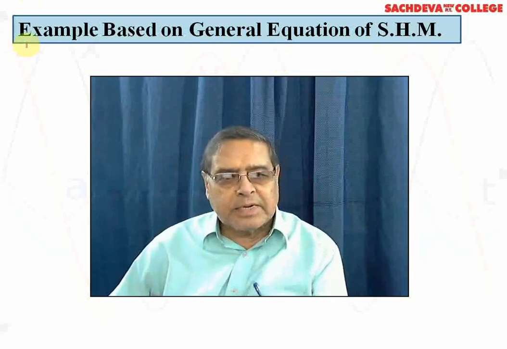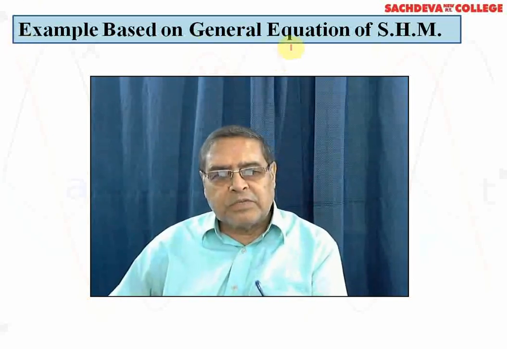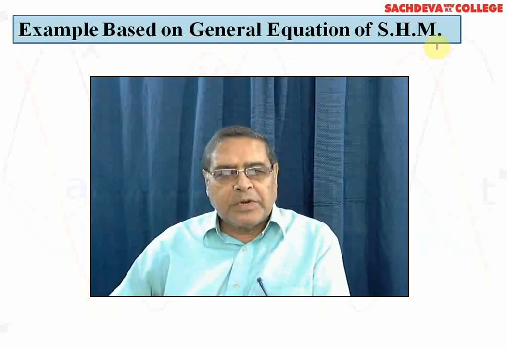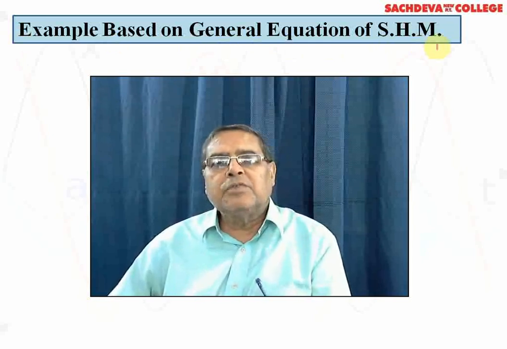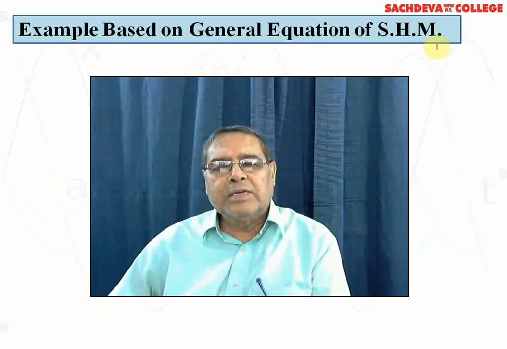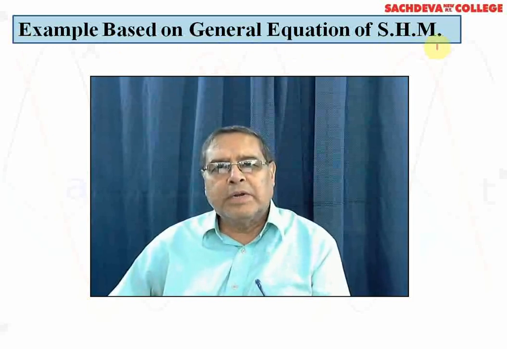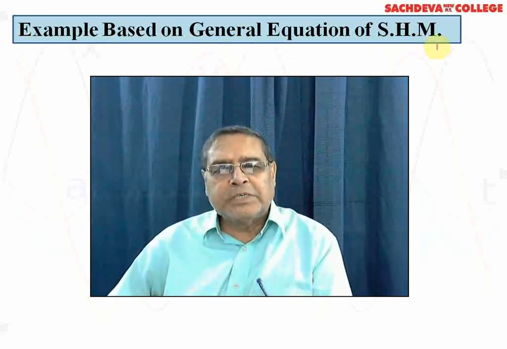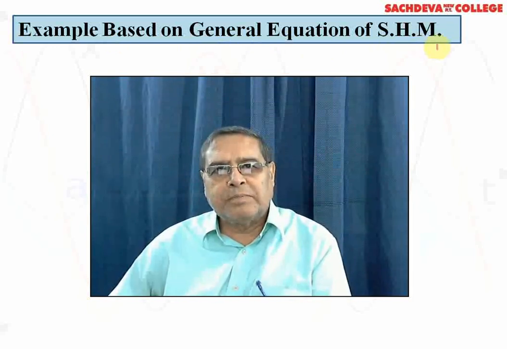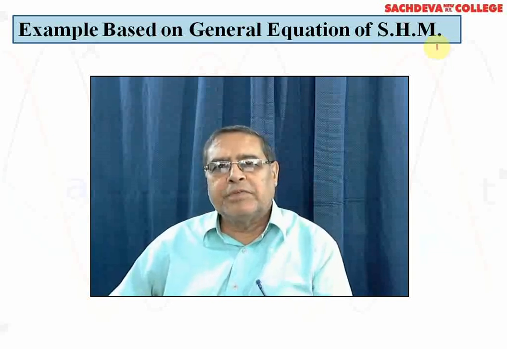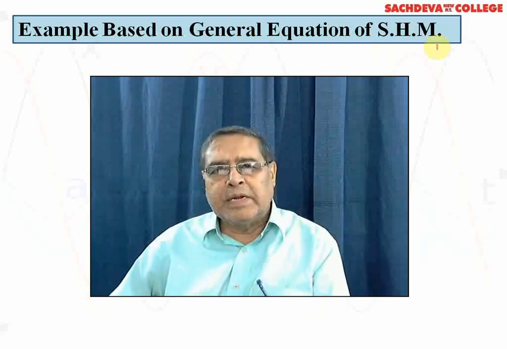So there are certain examples based on general equations of S.H.M. The point to remember is that the general equation of S.H.M. is either a sine function or a cosine function, but it should not be a square function. So normally the equation of S.H.M. is y is equal to a sine omega t or y is equal to a cos omega t.